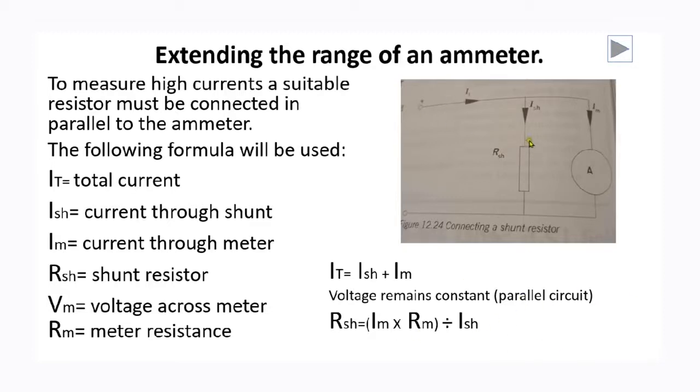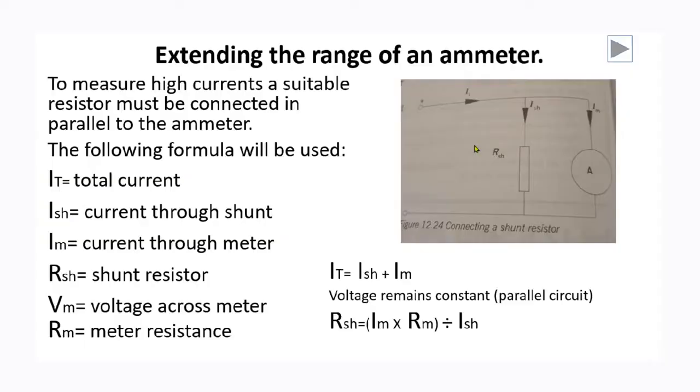We will take a shunt resistor and we will connect it up in parallel to that ammeter. Let me say that one more time. We will take a shunt resistor and we will connect it up in parallel to the ammeter. When we do that, we now have a parallel circuit. And because we have a parallel circuit, the current that travels in the circuit is very important for us to take note of.